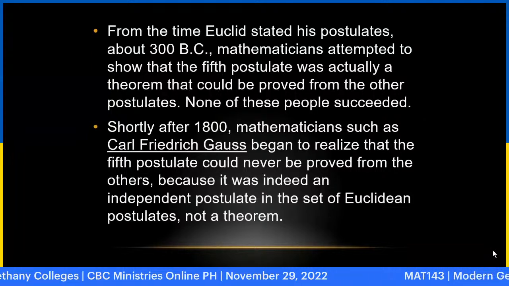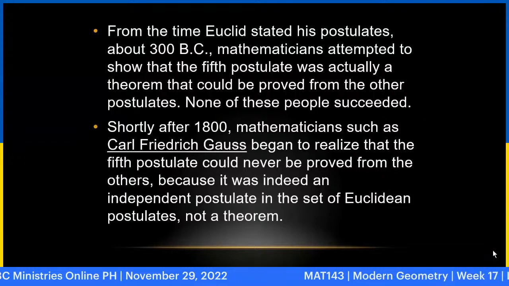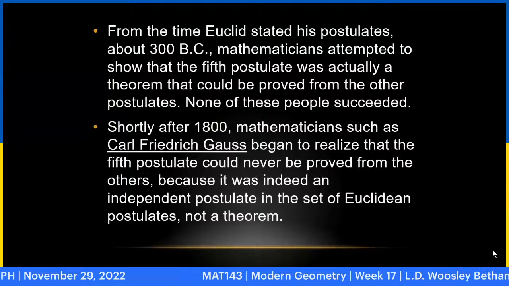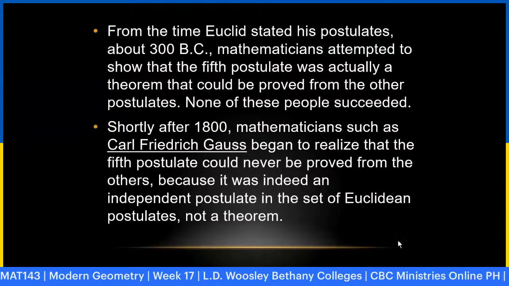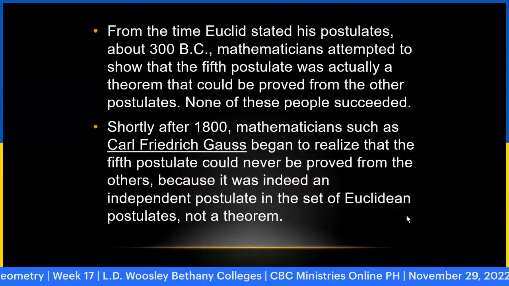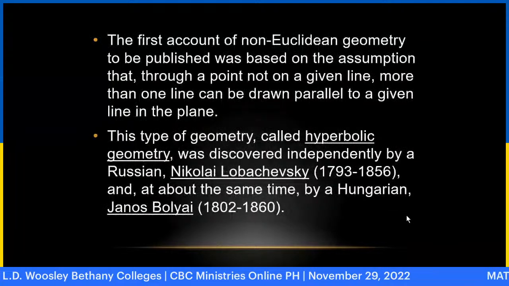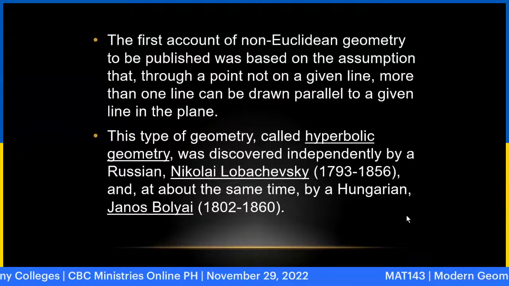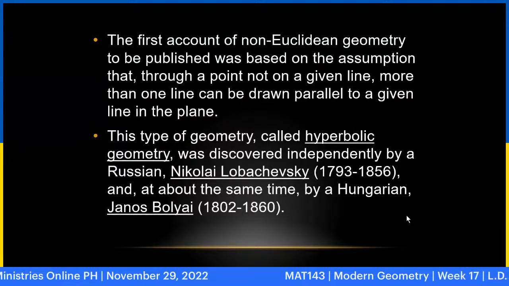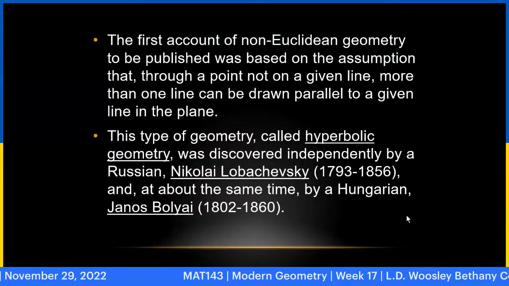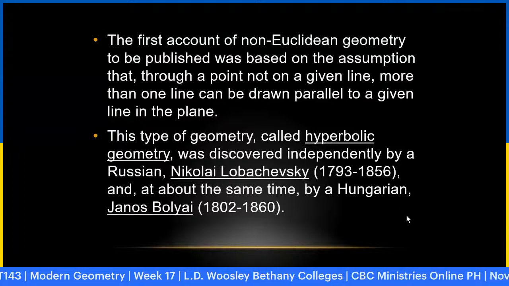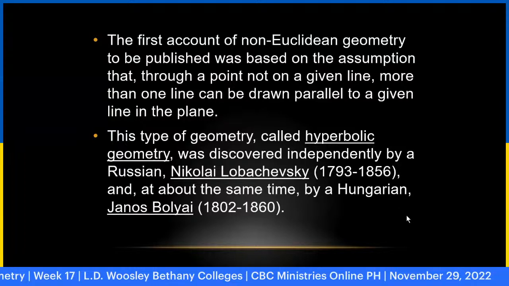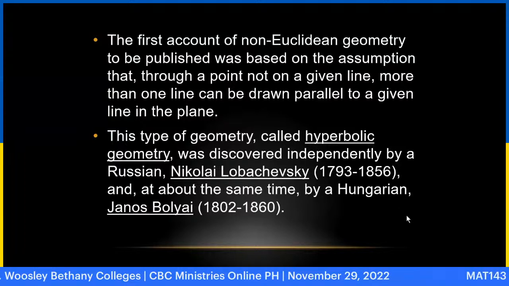So, Gauss realized that this is an independent postulate in the set of Euclidean postulates, not a theorem. So it's an independent postulate. The first account of non-Euclidean geometry is published, no? On the assumption that through a point not on a given line, more than one line can be drawn parallel to a given line. Okay? So there's 2 or more parallels.